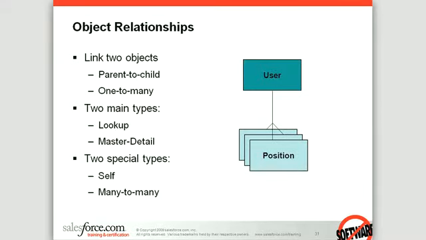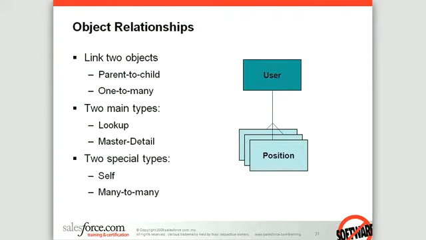So in this case, here we have a single user record, but there are 3 related position records. We have a hiring manager, a single person who is the hiring manager for those 3 positions. So we define that relationship between the position and the user table using a field called hiring manager. Okay.